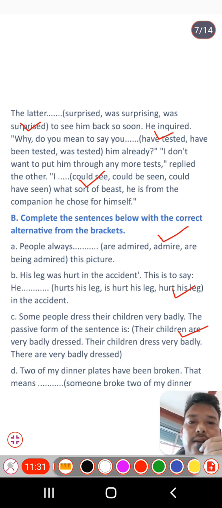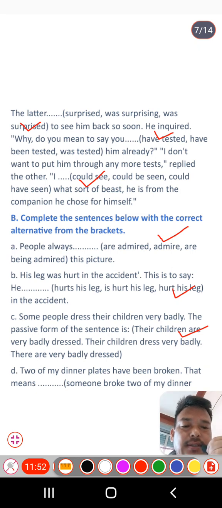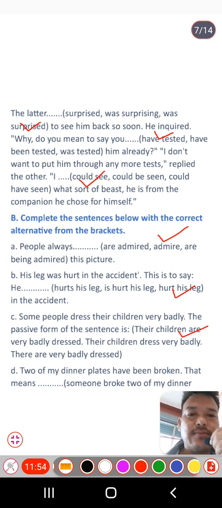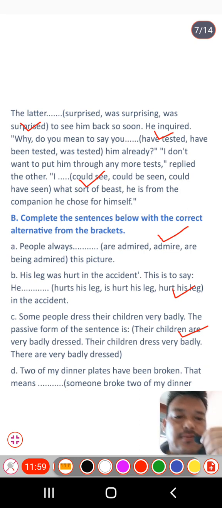He inquired, "Why, do you mean to say you have tested him already?" "I don't want to put him through any more tests," replied the other. "I could see what sort of beast he was from the companion he chose for himself." So this is a story where we have to fill the blank by choosing the right verb.